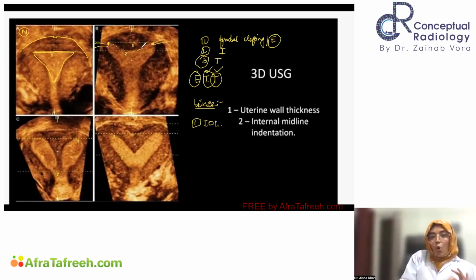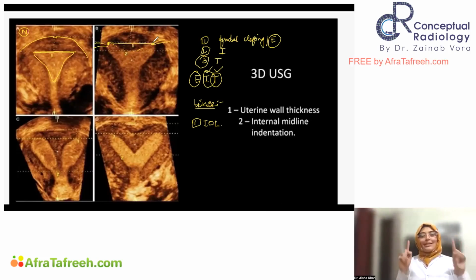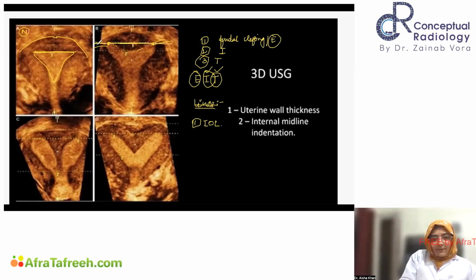So these are the two ostia, and you draw a line connecting the two. The distance between the two is the interosteal distance, which we also take in HSG. And if you have a complete through and through line, that is called the interosteal line. Some people call it by different names, such as intercornual line or interstitial line.